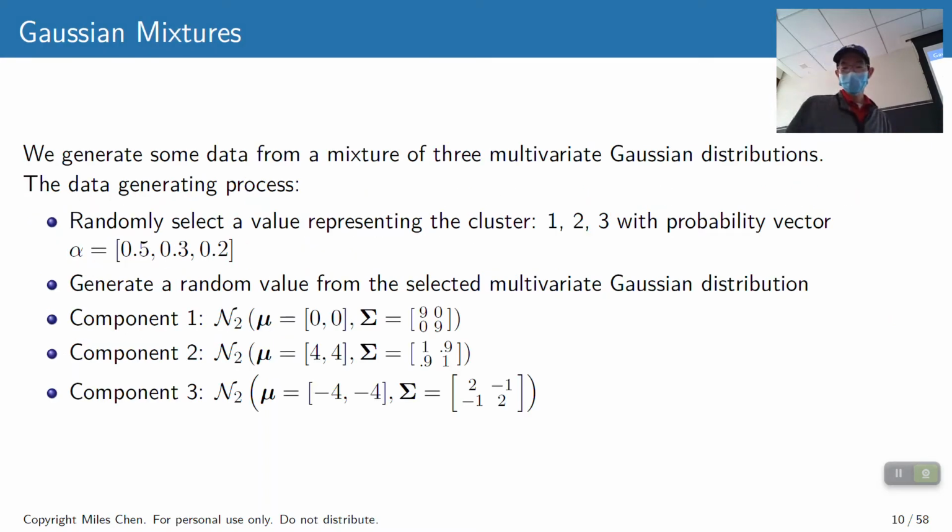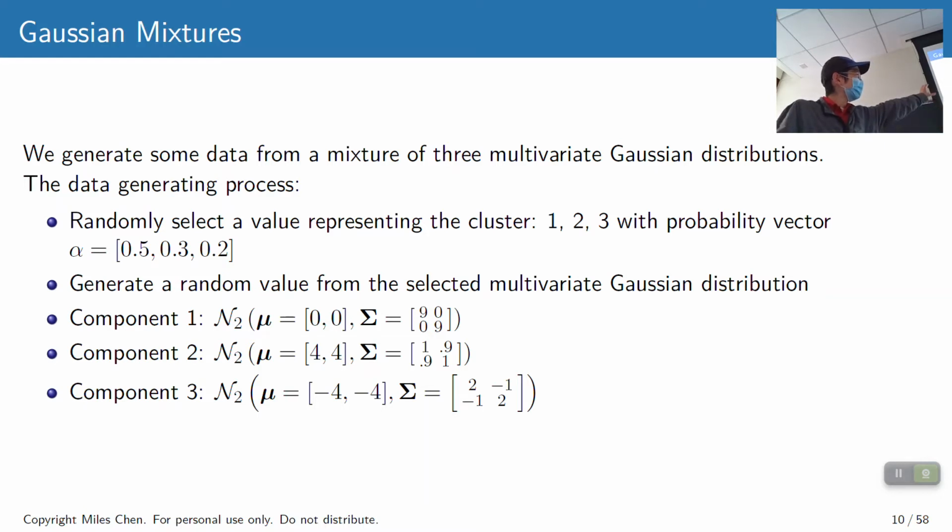In our case, we are going to generate our data ourselves, and because we are generating the data, we can know the answers. Here I'm going to say we have 3 multivariate normal distributions: component 1, component 2, and component 3.